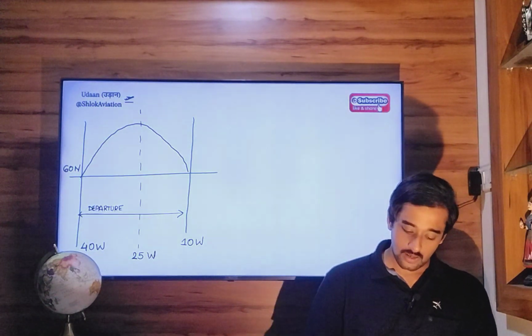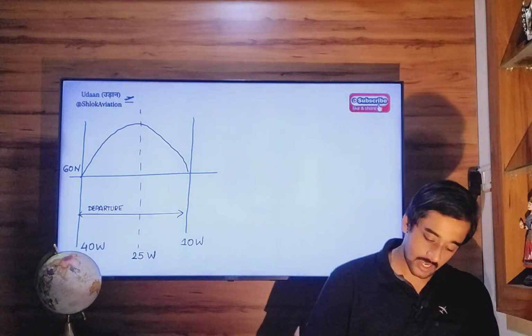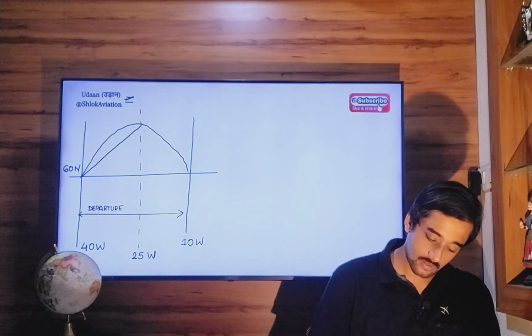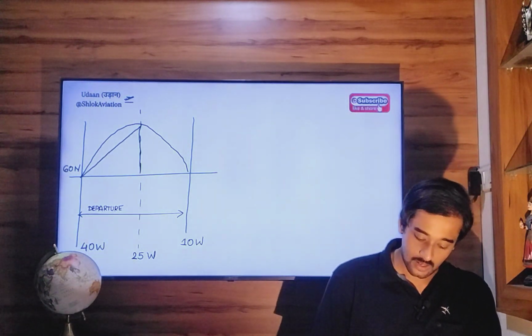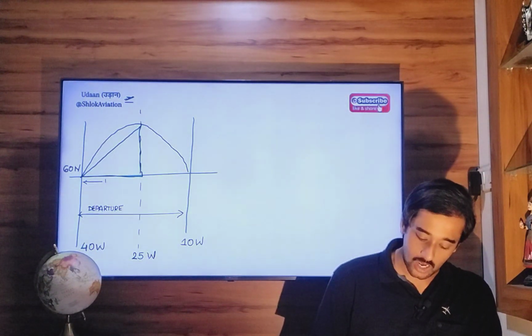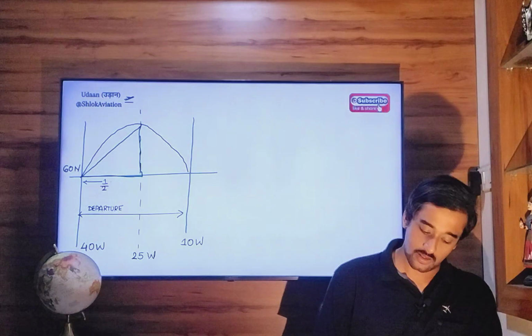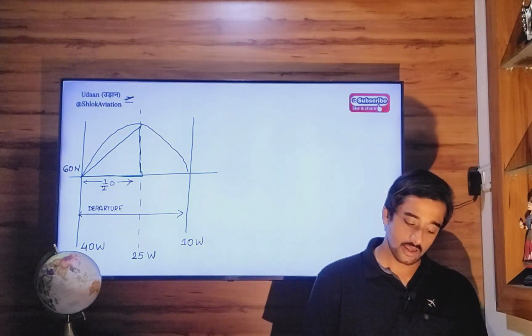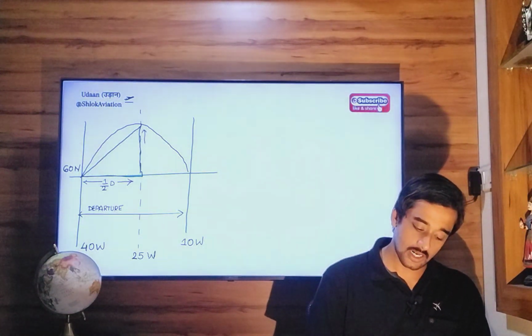Next step, let's draw a triangle here. Let's label it. This will be equal to half of departure, and this will be your great circle distance.